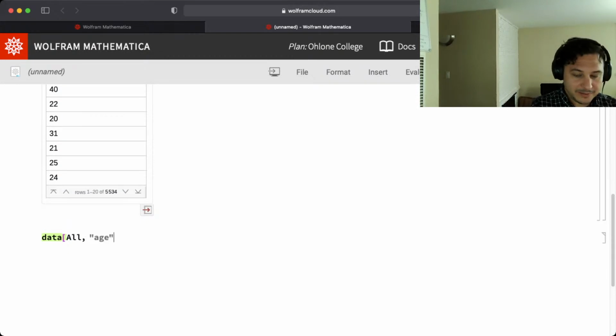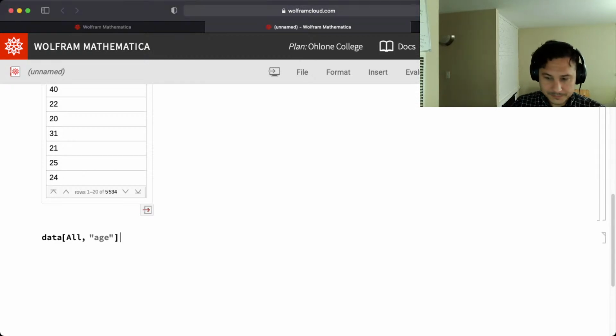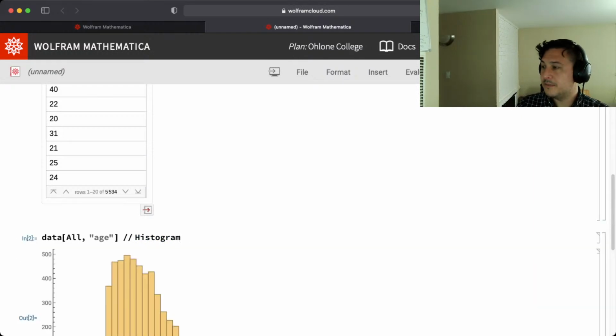We want the age variable. And what is the next thing you have to do if you want to make the histogram? Awesome, yes. So slash histogram. Boom. And you get the histogram.